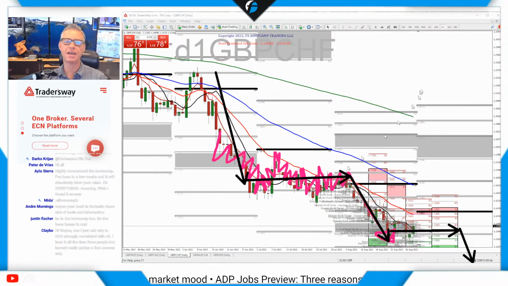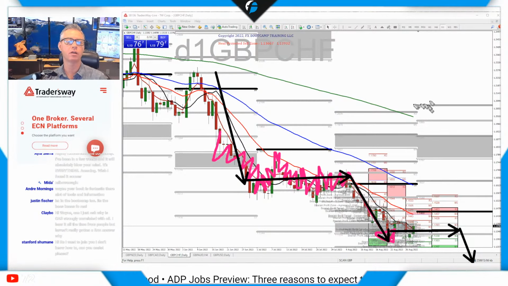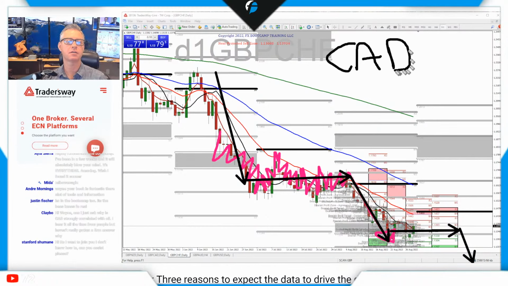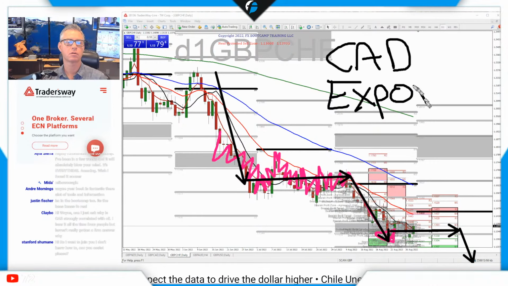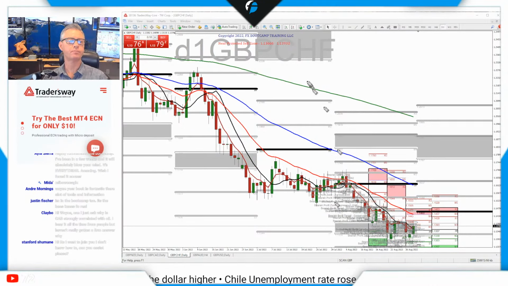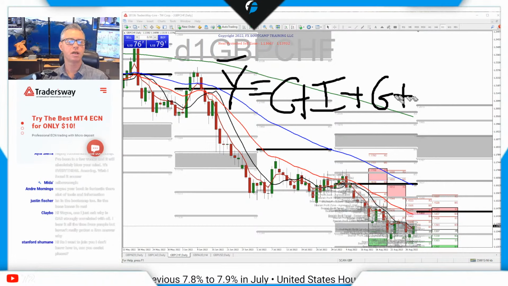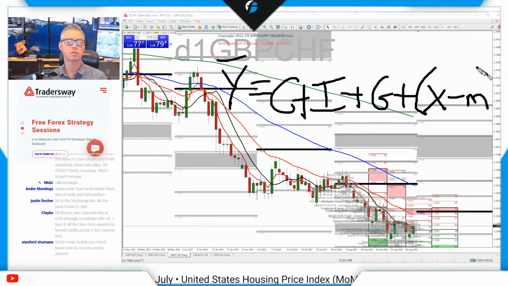Why is CAD strongly correlated with oil? CAD exports. Okay, so nominal GDP is equal to C plus I plus G plus exports minus imports.